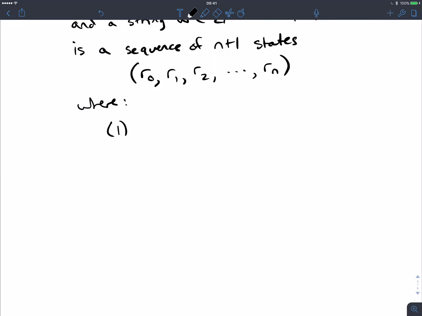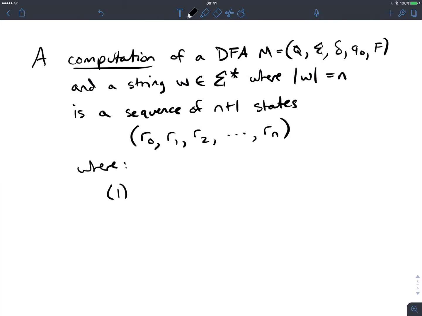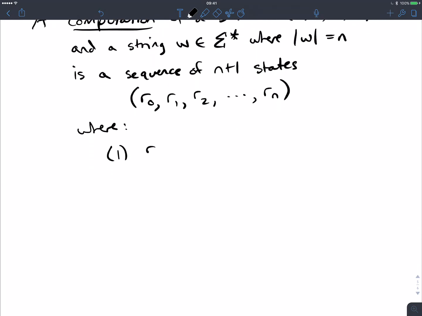I'll give you a hint. It's about R0. What do we know about it? It's the start state of the machine. It has to be. I have to start in the start state always. Okay? So R0 is the start state, and we called it Q0. So we know that R0 equals Q0.